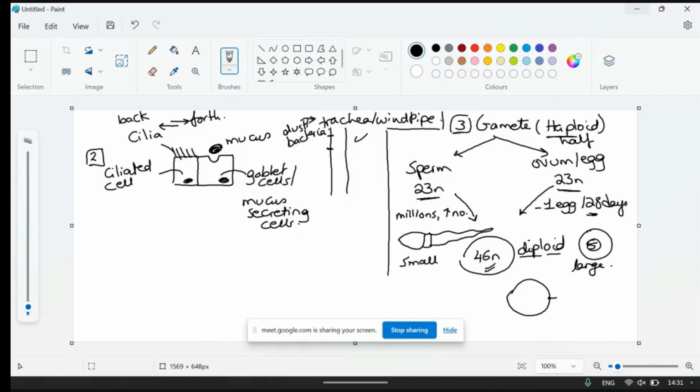Also, sperm is motile. I mean, it can move from one location to another, while the egg cells cannot move by themselves. Also, here in the middle piece, they contain a large number of mitochondria. So it would provide the whole cell with the energy it needs for the sperm cell to swim and move inside the human's uterus. Okay.